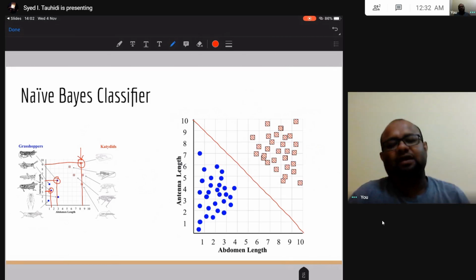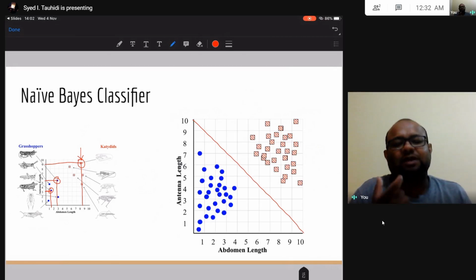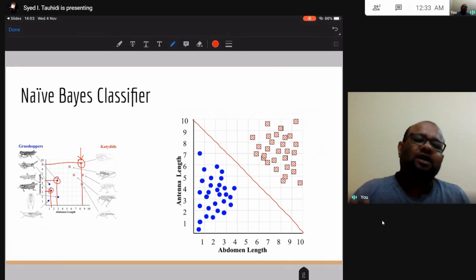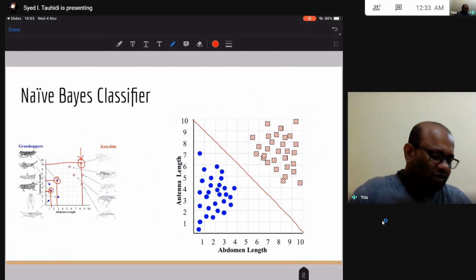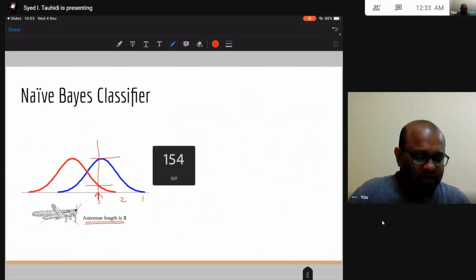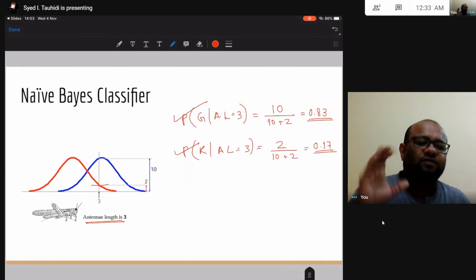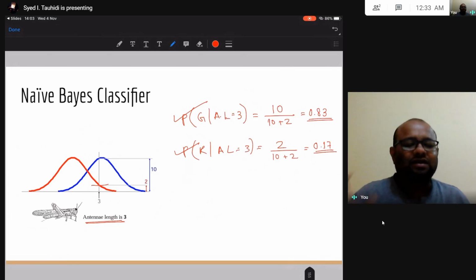If the unknown data point is below this line, then my insect is a grasshopper. So I could have drawn a line like this to do this classification, and that is something we are going to do in another video. Today's video we are going to use probability. So forget about what I said regarding the line, and let's move on with probability.